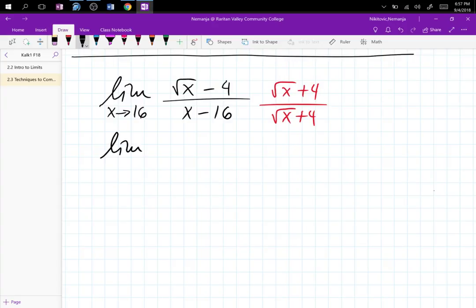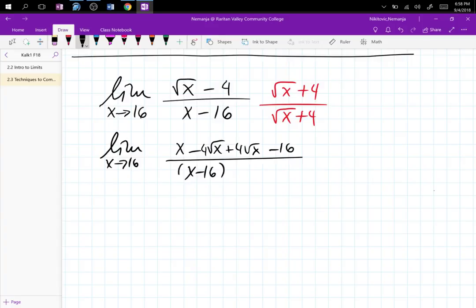Limit as x goes to 16. When I FOIL, we get x minus 16 in the numerator, divided by x minus 16 times root x plus 4. These cancel because they're the same.